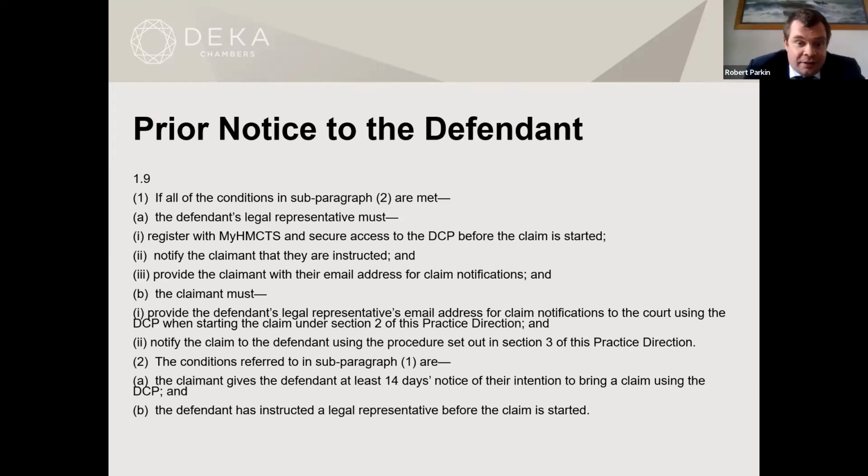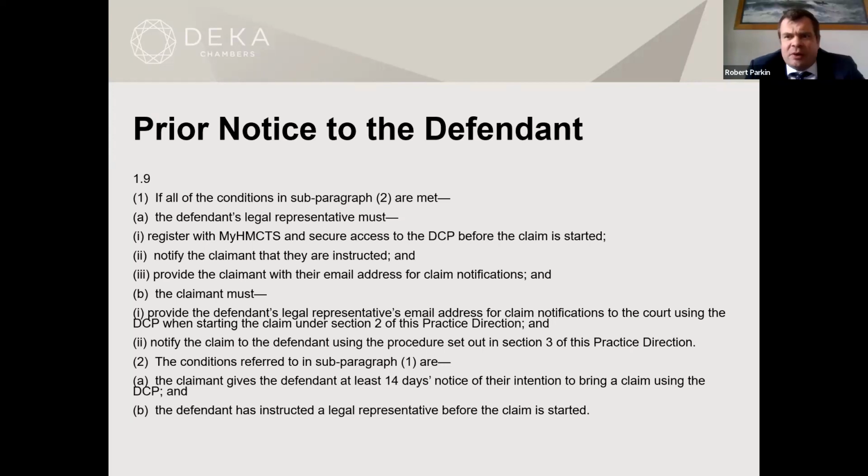The claimant must provide the defendant's legal representative's email for claim notifications to the court using DCP, and must notify the claimant using the procedure set out in section 3 of this practice direction, which we'll come to. The conditions referred to in subparagraph 1 are: the claimant gives the defendant at least 14 days notice of their intention to bring the claim using DCP, and the defendant has instructed a legal representative before the claim has started.